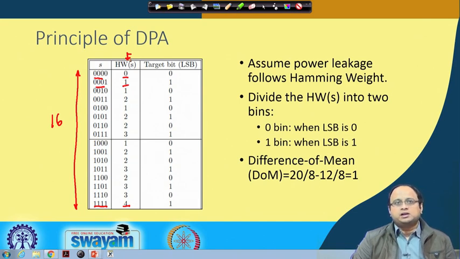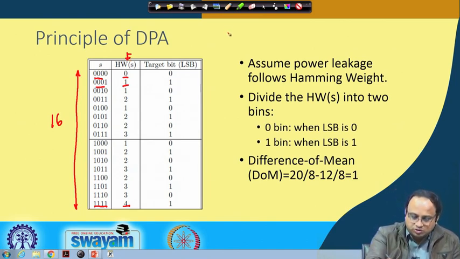A very simple power model is the Hamming weight power model. The idea is that you take the state and see the number of ones. Typically, the power consumed will be proportional to the Hamming weight of S. Of course, there are other noise terms and aberrations, but there is a proportionality with the Hamming weight of S.